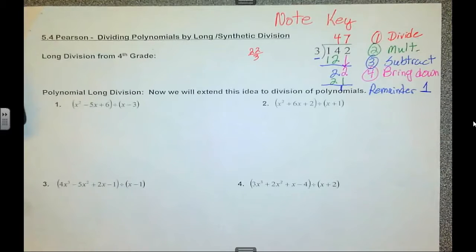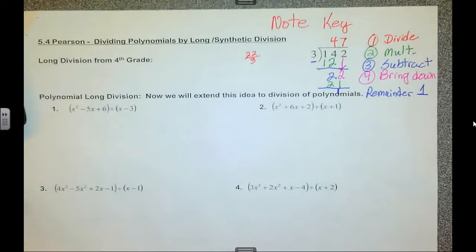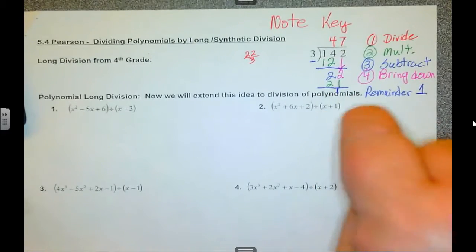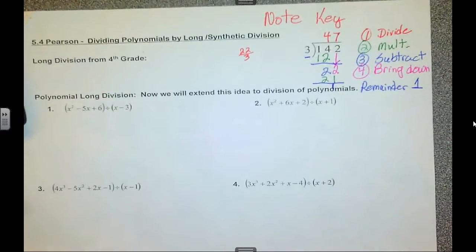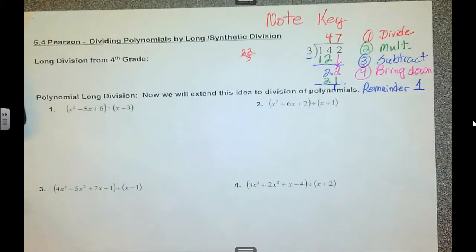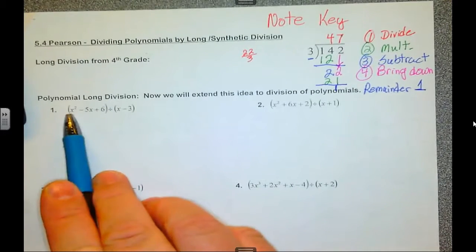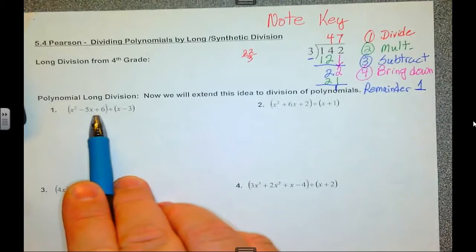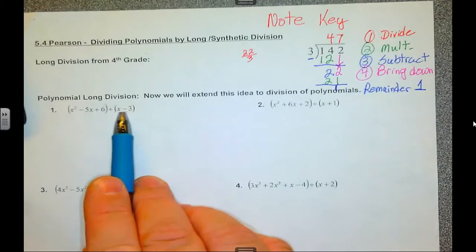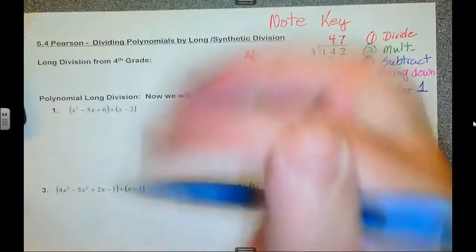Okay, well, we're going to long divide polynomials using this step-by-step process. Okay, we're going to take x squared minus 5x plus 6 and divide it by the divisor.